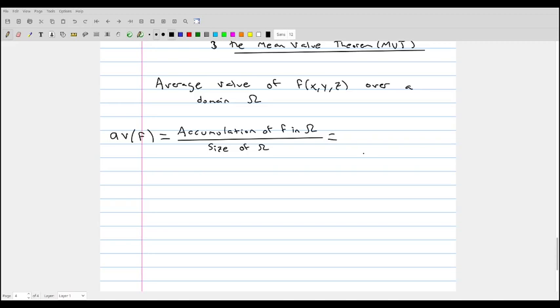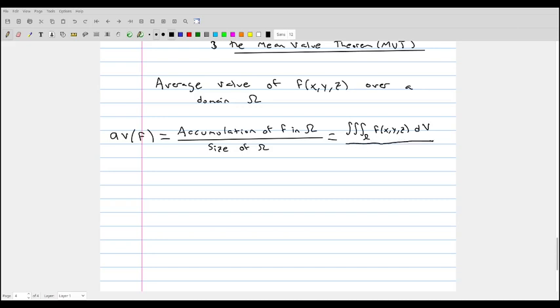And we've just defined what it means to take the accumulation of a function in some region omega. That's the triple integral of the function. So the average value of a function on some region is the triple integral of that function over the region omega.